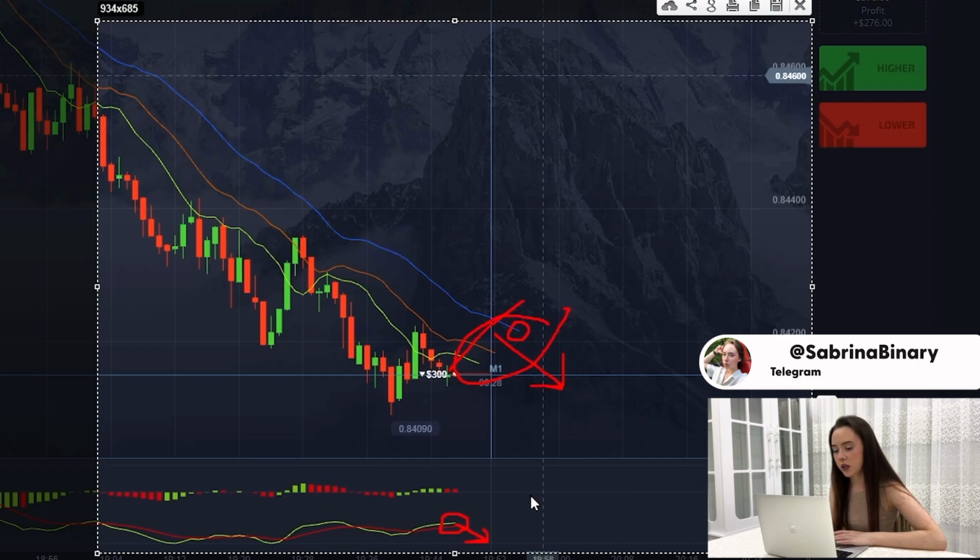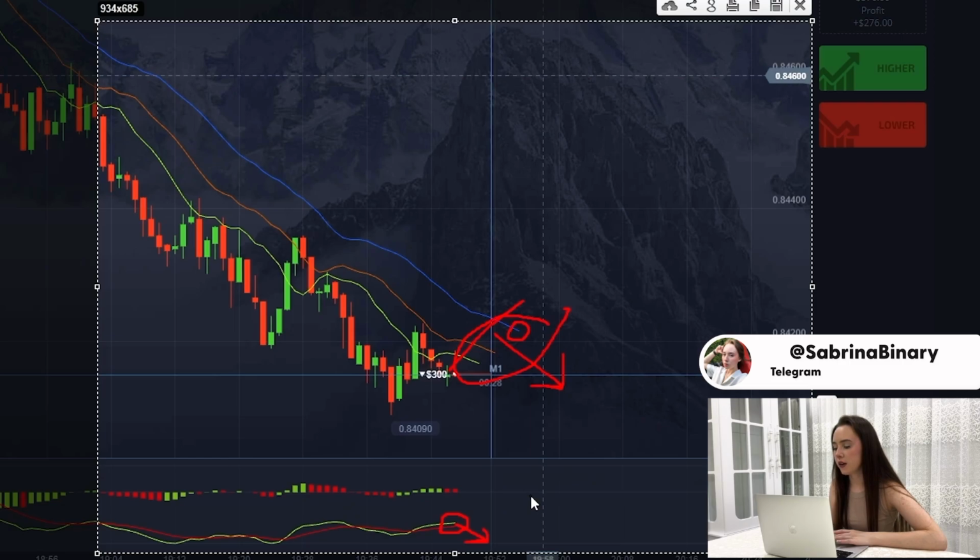There are two methods of construction, linear and histogram. Three exponential moving averages with different periods are used for calculation. A slow moving average with a larger period is subtracted from the fast moving average with a smaller period.